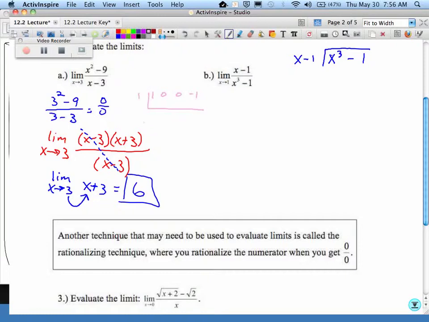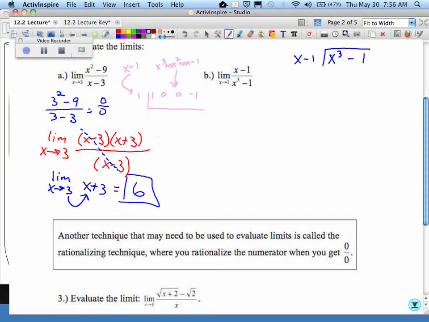Because when I do x minus 1, I put a positive 1 out there, and x cubed plus 0x squared plus 0x. Remember, you just use the coefficients for synthetic division. So you can do it either way.